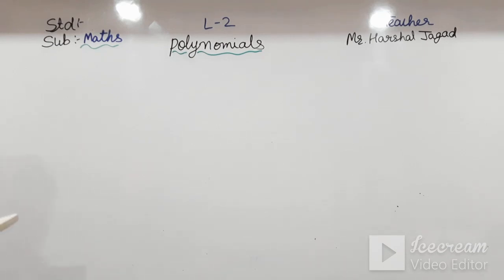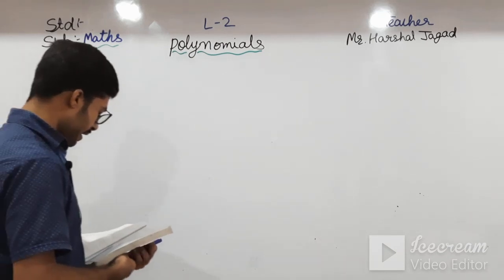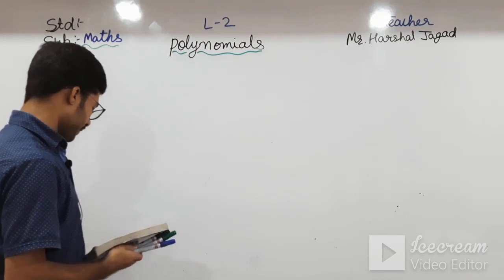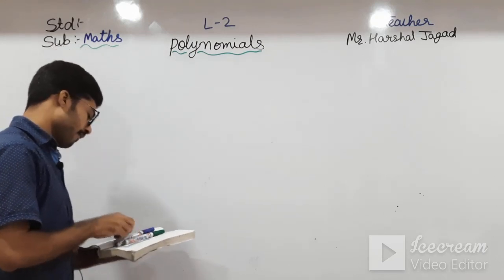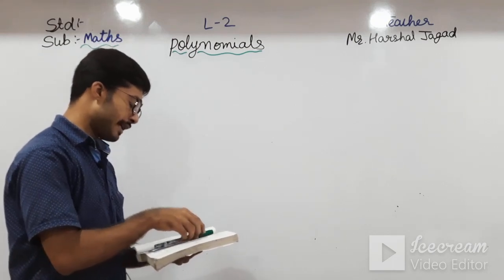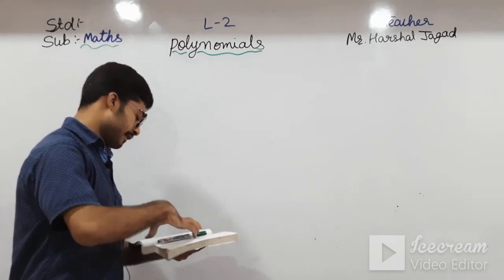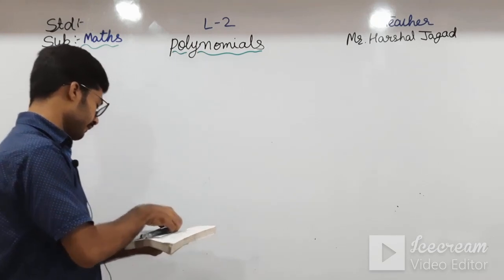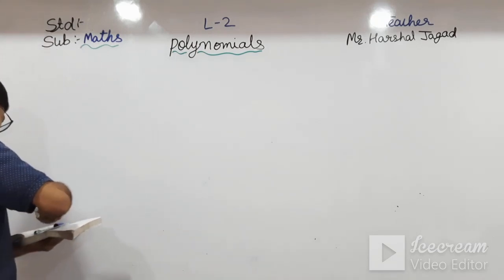So here we have to factorize 8x cube plus y cube plus 27z cube minus 18xyz. Okay students, let us do that. Example number 25.